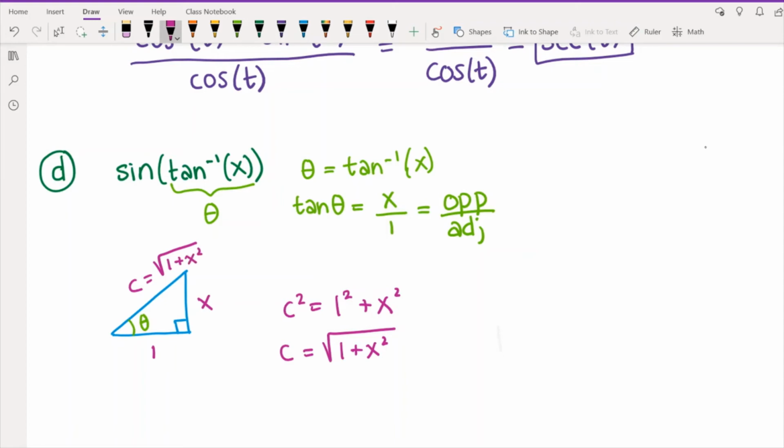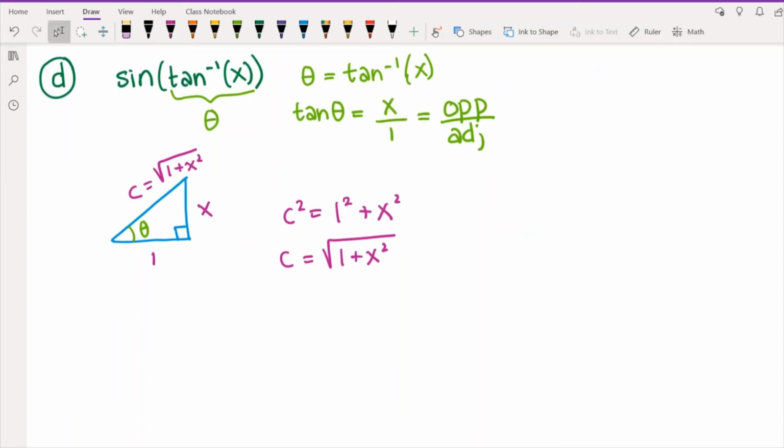Okay, so now that you have the right triangle drawn, we can look back at what we're trying to answer here. We're trying to find sine of theta. And sine of theta is going to be opposite over hypotenuse, which, looking at our triangle, the opposite side has a length of x and the hypotenuse has a length of square root of 1 plus x squared.